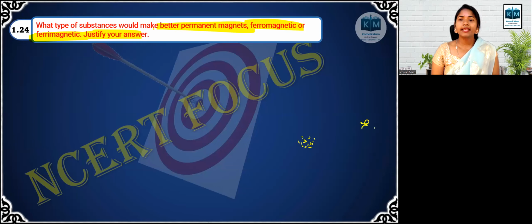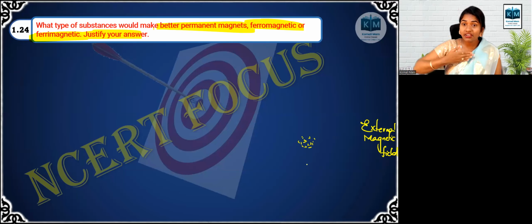When we keep some external magnetic field, every electron in a metal atom acts as a magnet. So all are in different directions in the absence of an external magnetic field.